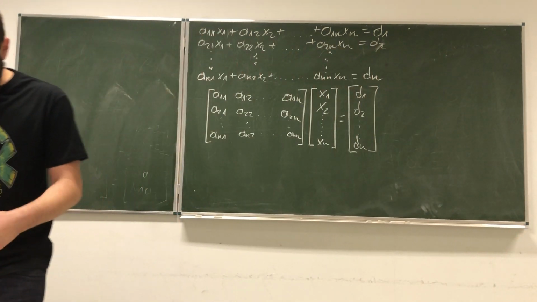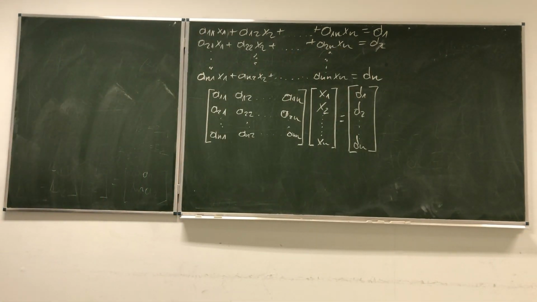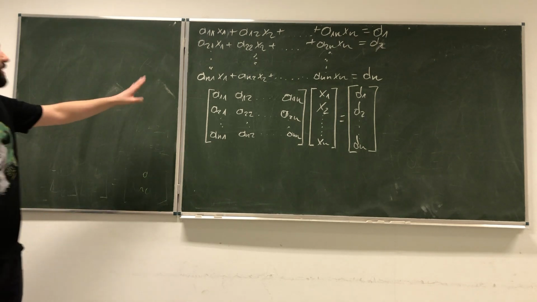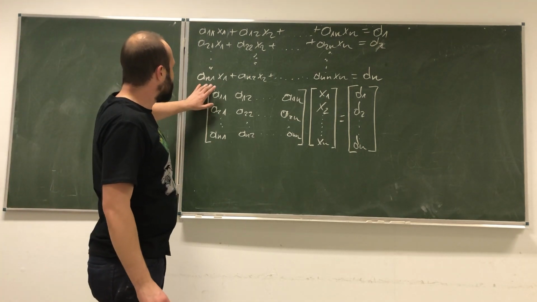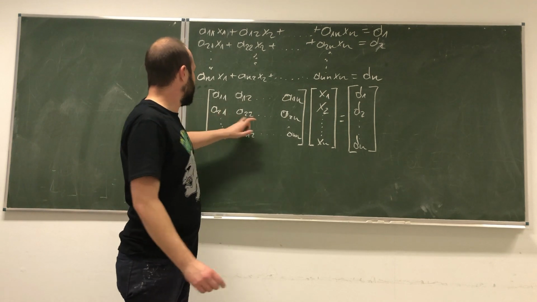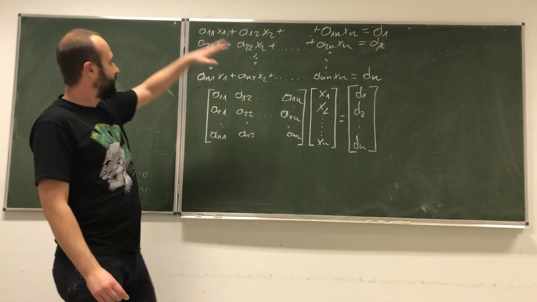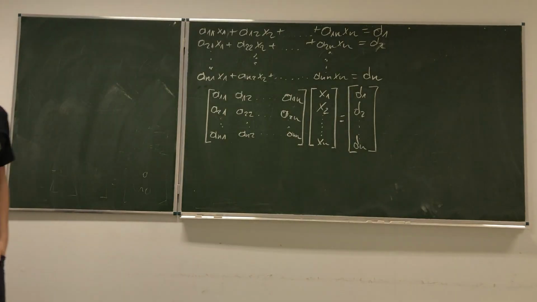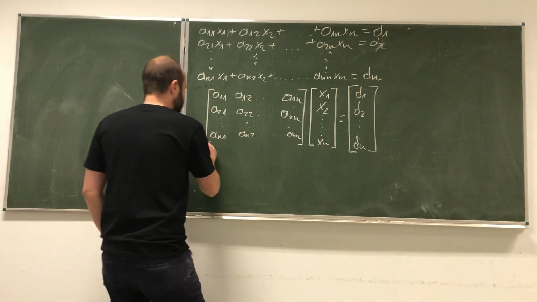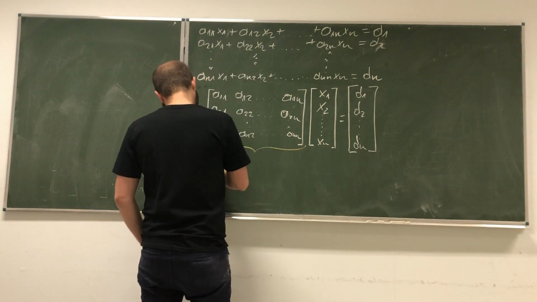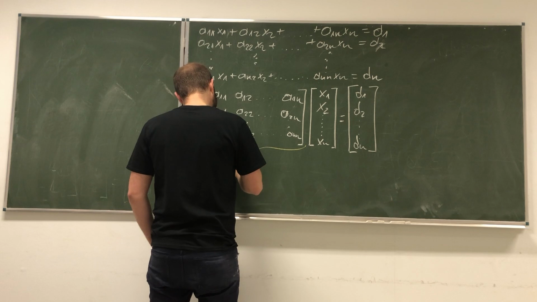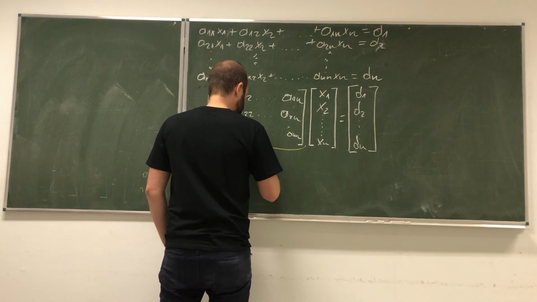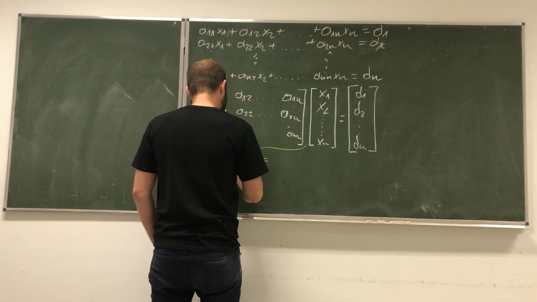I hope you can see how we did it. Now, what do we have inside? We have here all the coefficients from all the equations. This is why we call this a matrix of coefficients.